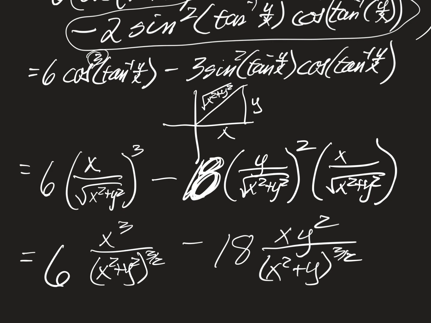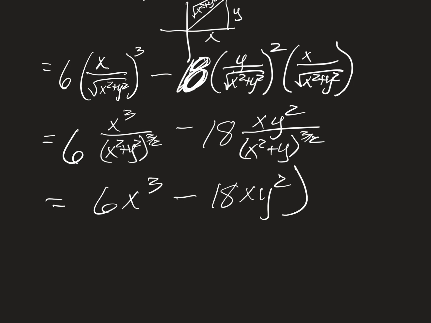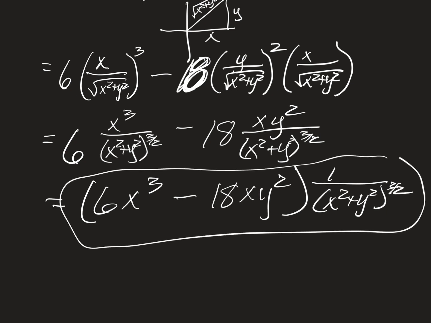And if you go just a little further to simplify it, you could say it's 6x cubed minus 18xy squared times 1 over x squared plus y squared to the 3/2 power. And that's actually pretty simplified, if you think about it, from what we started with.